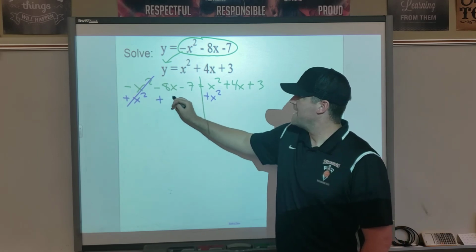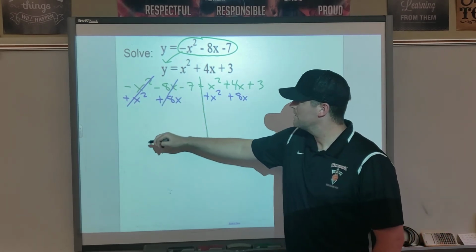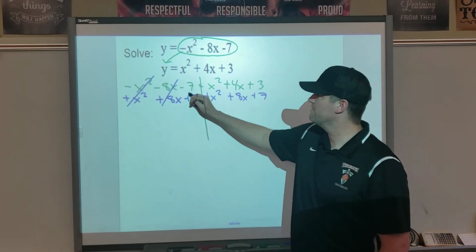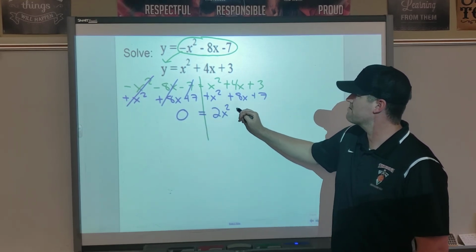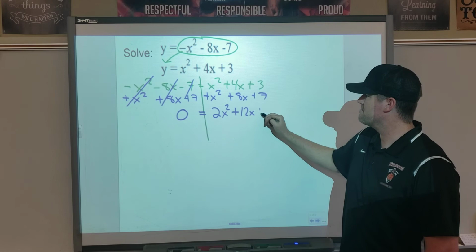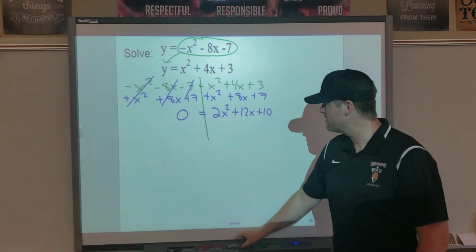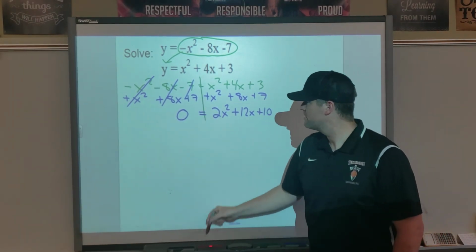I need to also add 8x to both sides. And then I need to add 7 to both sides. And we've now made one side equal to 0. The other side is 2x squared plus 12x plus 10. So we have a quadratic equation in standard form, which allows us to use the quadratic formula.